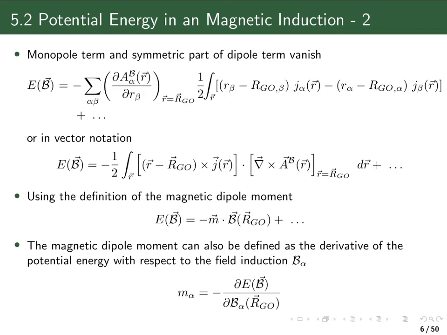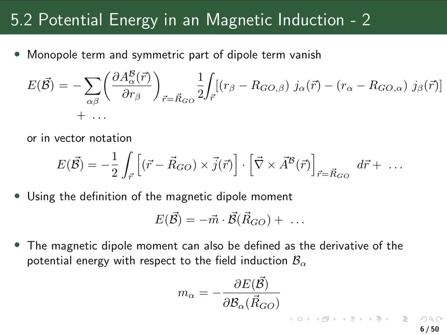In the first place, we rewrite it in terms of the antisymmetric part of that, because for the symmetric part we showed in the last lecture that it is 0. So we have a derivative of a component of the vector potential, and here we have this antisymmetric product of the current density and a position vector, which we remember from before is the magnetic dipole moment.